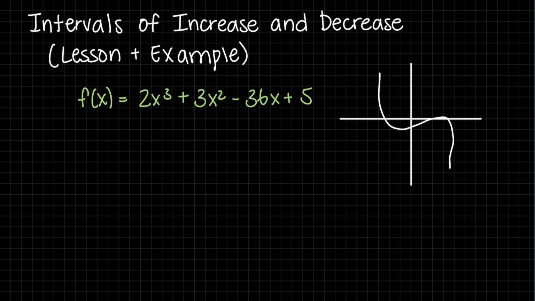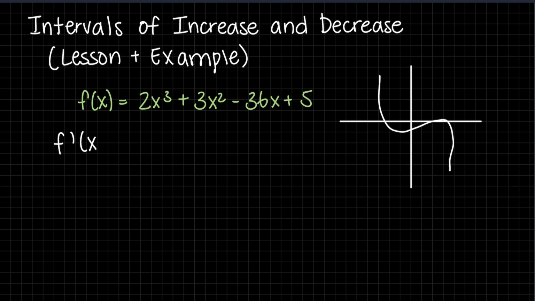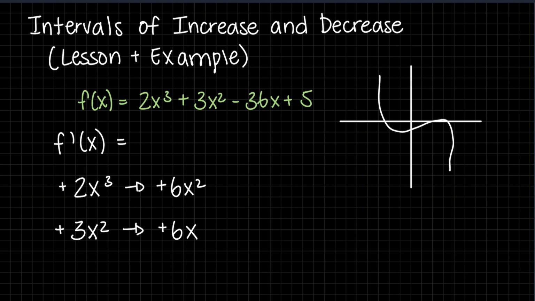So let's do that. The derivative of f of x is going to be, well, we're going to take each term, use the power rule to find the derivative. So we have 2x cubed. The derivative of this would be positive 6x squared. And we have positive 3x squared. The derivative of that would be positive 6x.